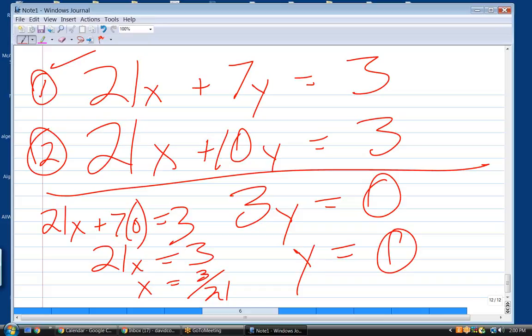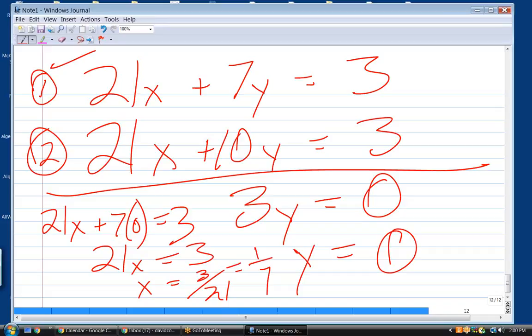You have to kind of know your multiplication and division tables to know that that is simplifiable. What can I divide top and bottom by? 3. Okay. 3 goes into 3 one time. 3 goes into 21 7 times.